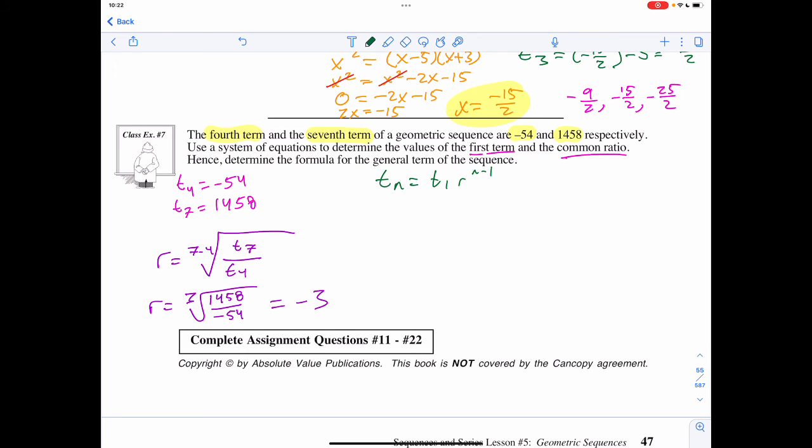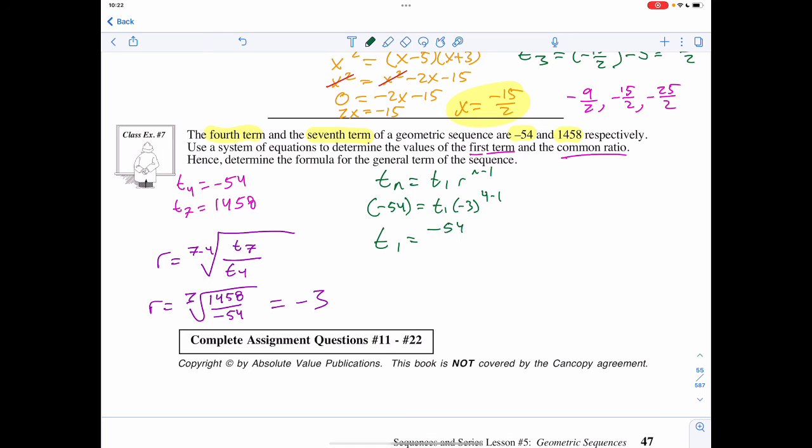I'm going to say that negative 54 is equal to T1 multiplied by my common ratio of negative 3 to the power of 4 minus 1, then to isolate T1, I'm going to divide by negative 3 to the power of 4 minus 1, or negative 3 to the power of 3, from each side.